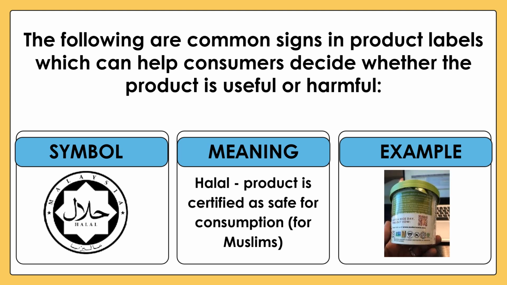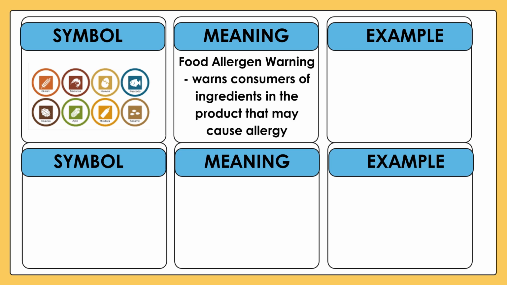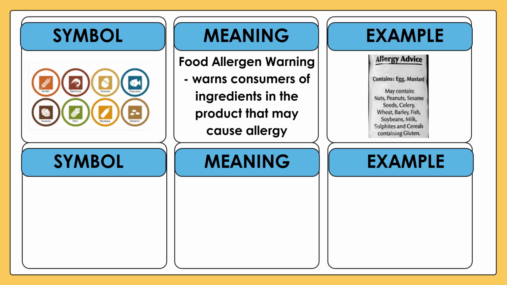Here's the example. Next, we have food allergen warning. It warns consumers of ingredients in the product that may cause allergy. Here's the example, allergy advice and what it contains.